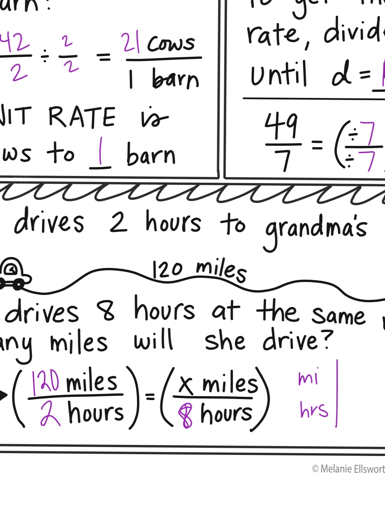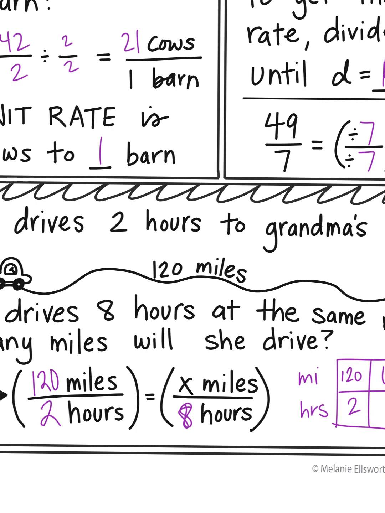Okay, what do I know? I can travel 120 miles in 2 hours. Almost said that backwards. So if I want to know my unit rate, how many miles can I travel in just 1 hour? 60. It would be 60 because I'm reducing it by 2.